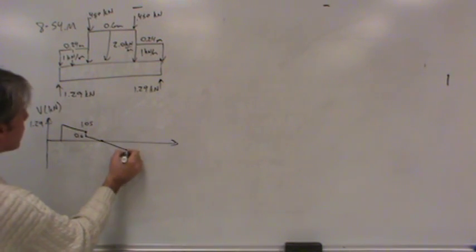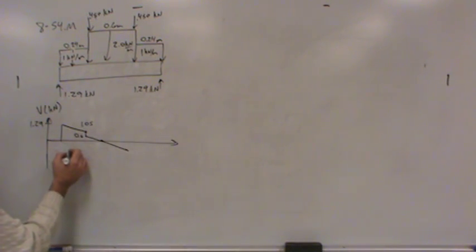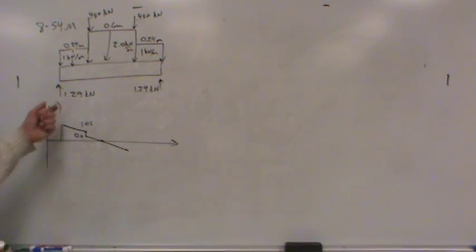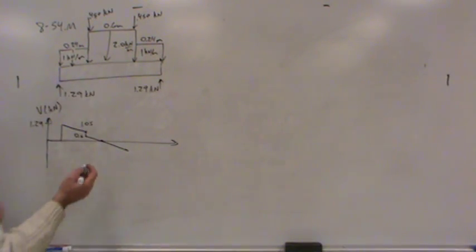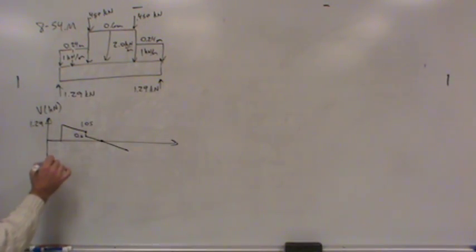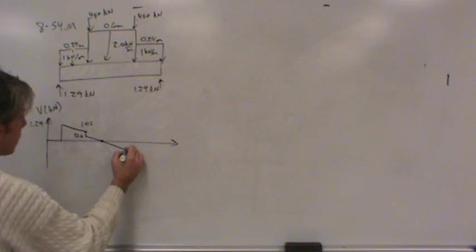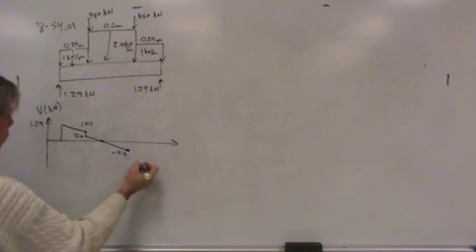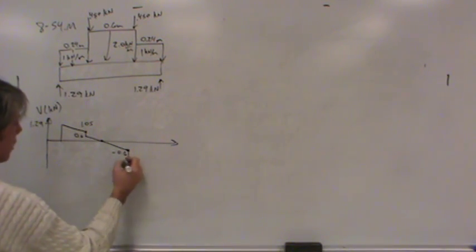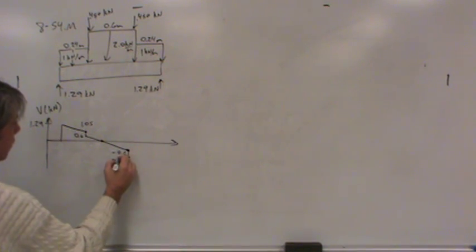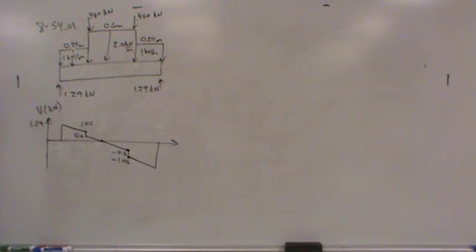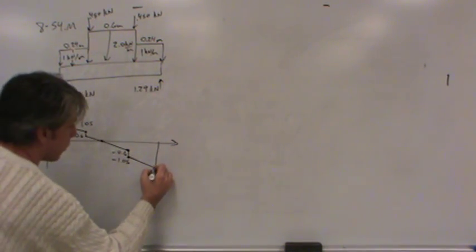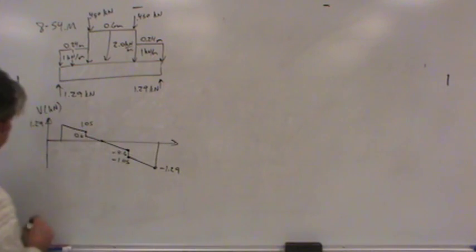Let's make sure that works. 0.3 times 2 would be 0.6, so sure enough, we do go to 0. That makes sense. It's symmetrical, so there's no need to worry about the rest. So go down to negative 1.05, and then back up to 0, where this point would be negative 1.29.